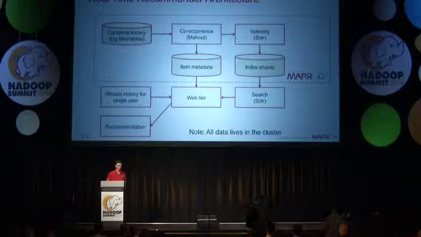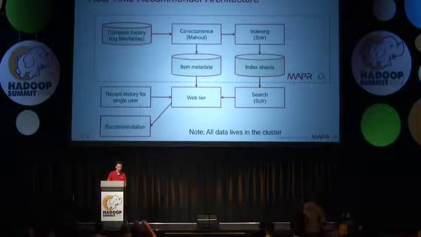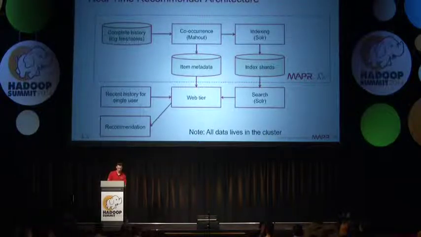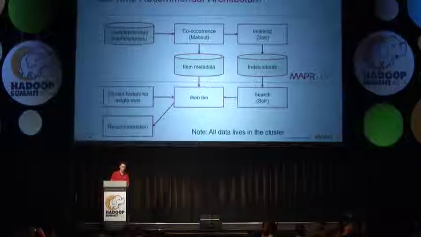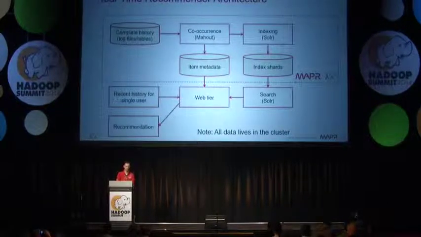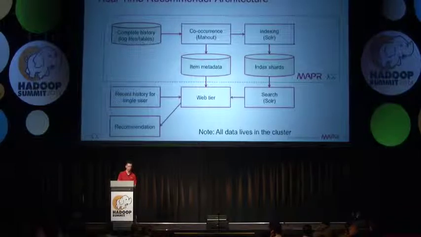That's deployed, and we also have examples around that for the music domain. You essentially have the complete history, all the log files and so on, in the cluster, and you calculate the co-occurrence metrics using Mahout and index them via Solr, so you have the index shards and item metadata available.